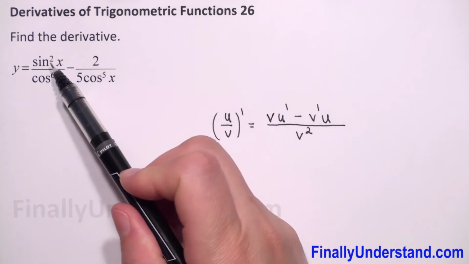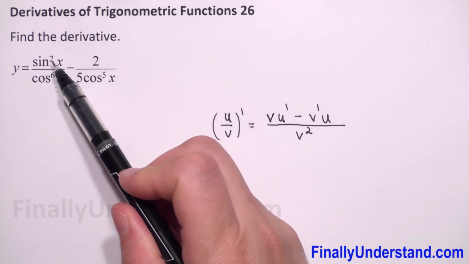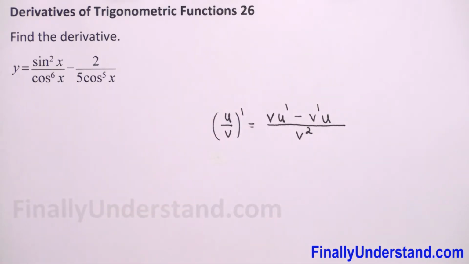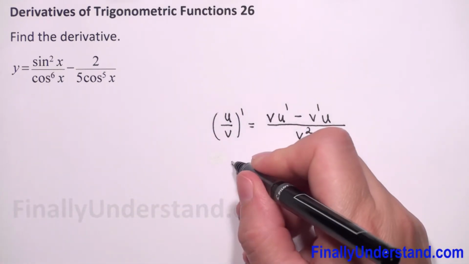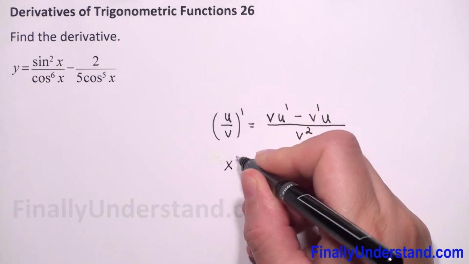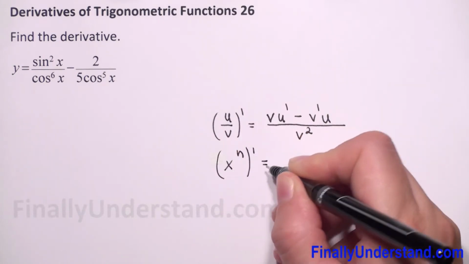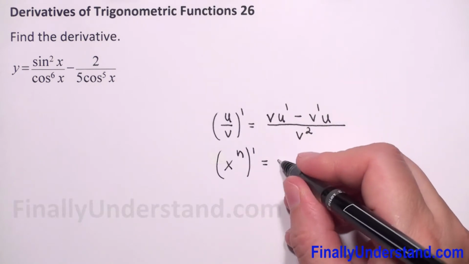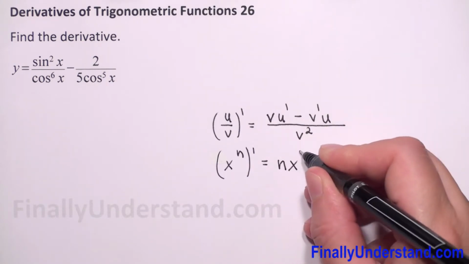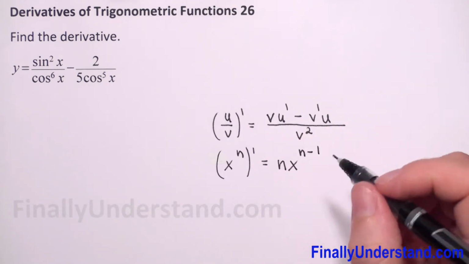Because we have sine to the second power, we have to use the derivative of a function raised to a power. So this formula is when we have x to power n, we have to take down this power, so it's n times x to power n minus 1.